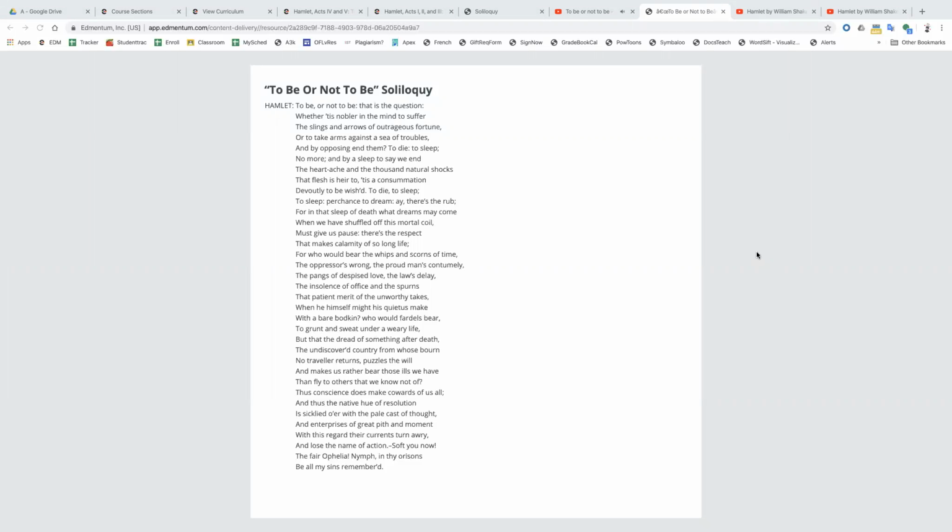To be or not to be? That is the question. Whether 'tis nobler in the mind to suffer the slings and arrows of outrageous fortune, or to take arms against a sea of troubles, and by opposing end them, to die, to sleep, no more, and by a sleep to say we end the heartache and the thousand natural shocks that flesh is heir to, is a consummation devoutly to be wished.